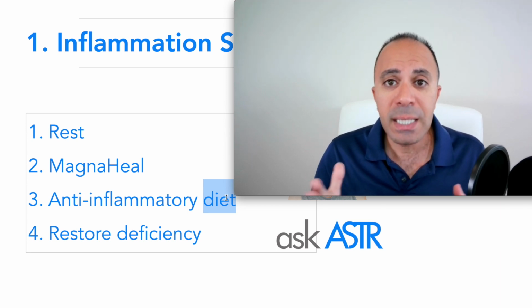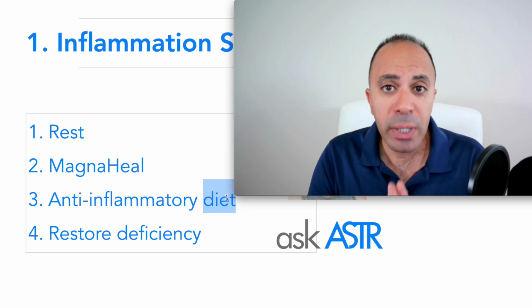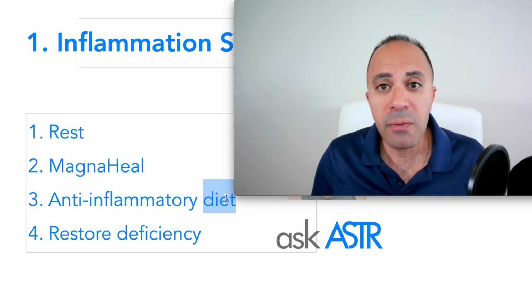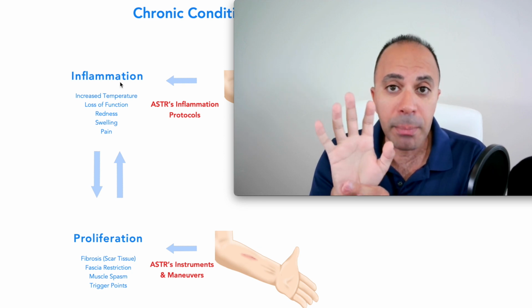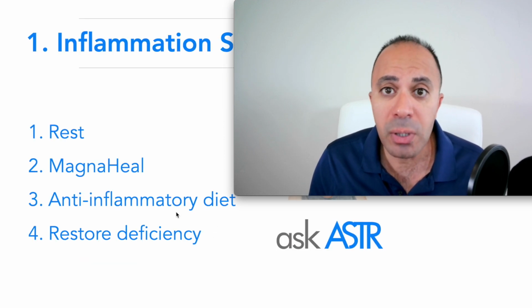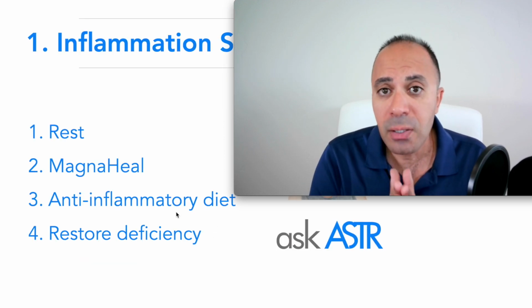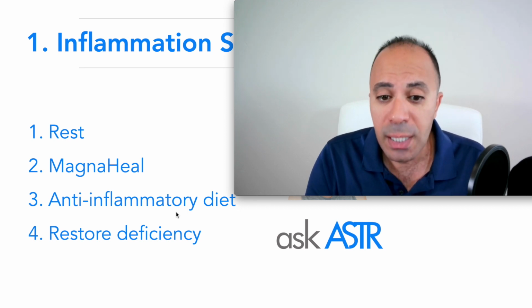So if you eat that 3 times a day, your body is in internal inflammation for 15 hours a day, and that will slow down your healing. If you're internally in inflammation, you're really in that vicious cycle of inflammation and proliferation. Your body will not heal even if you stop the repetitive motion. So we have to do the anti-inflammatory diet. I will cover some of that in other videos, but it's a very important part of addressing the inflammation.